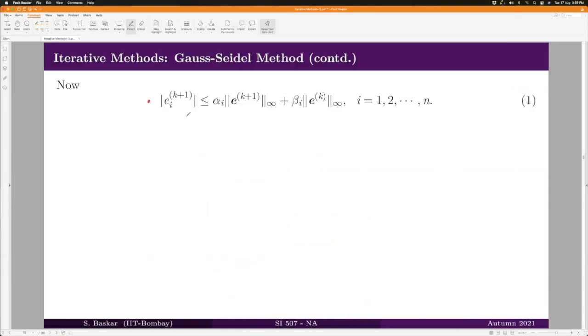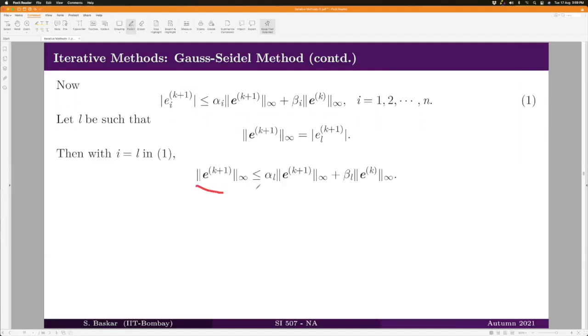Therefore, we get this inequality where you have modulus of e_i^(k+1) is less than or equal to alpha I norm e^(k+1) plus beta I norm e^k, right? And this holds for all I ranging from 1 to n, and it will therefore hold for that component at which this attains its maximum, right?